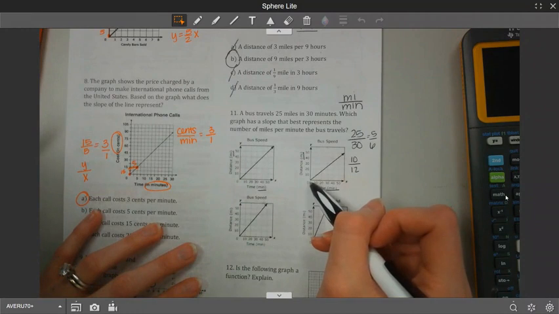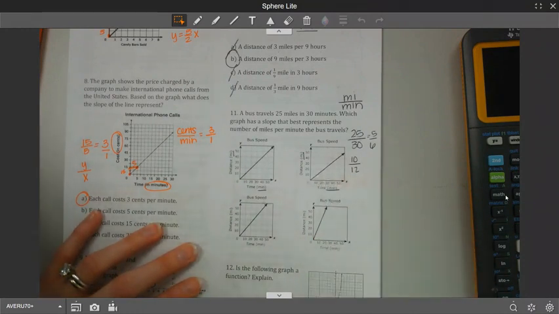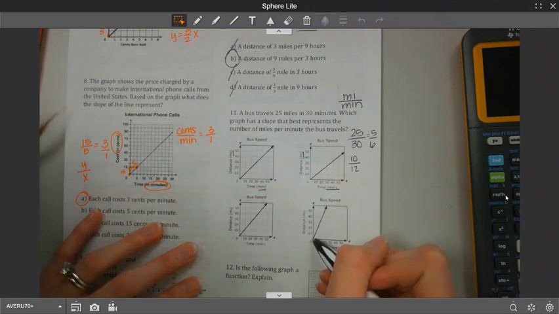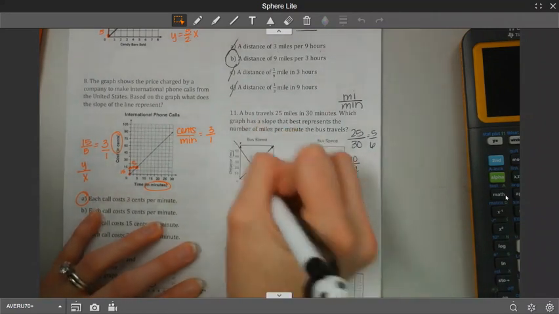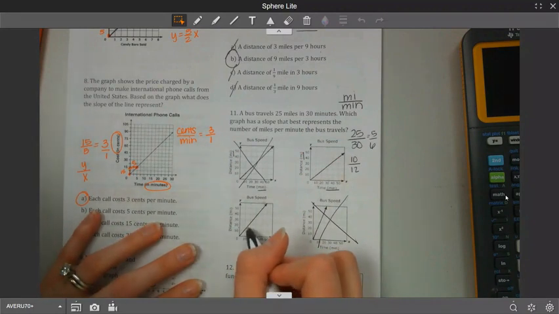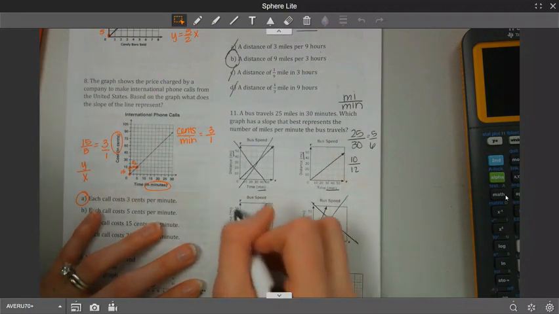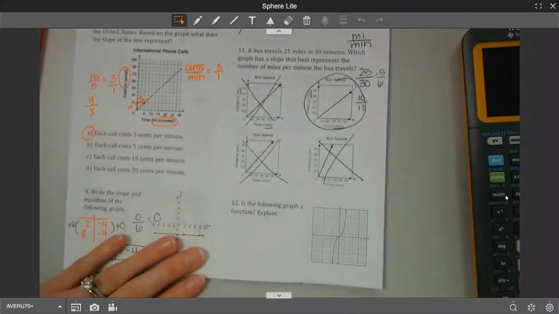If I go up 10, I went over a little bit past 10. That makes sense. This one, if I go up 25, I only go over 10, so that one's out. This one's 10 by 10, and this one, if I go up 25, I only went over 20, so that one's not the right answer. Our best answer is that one.